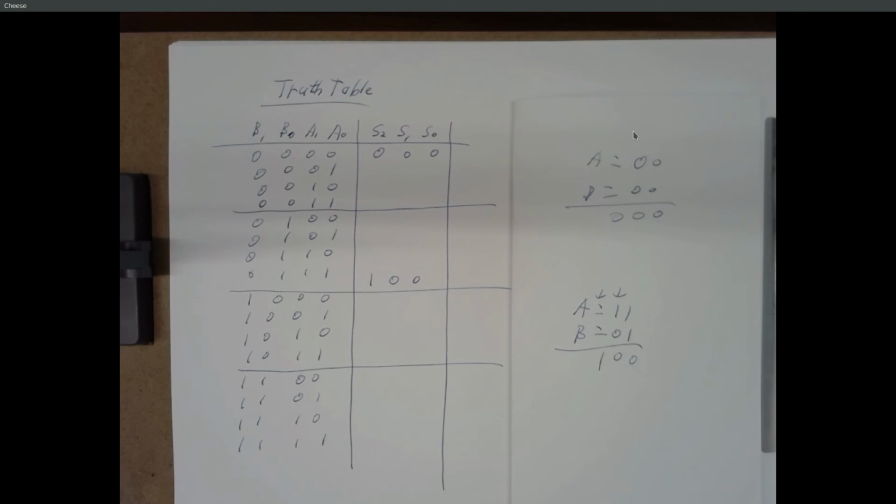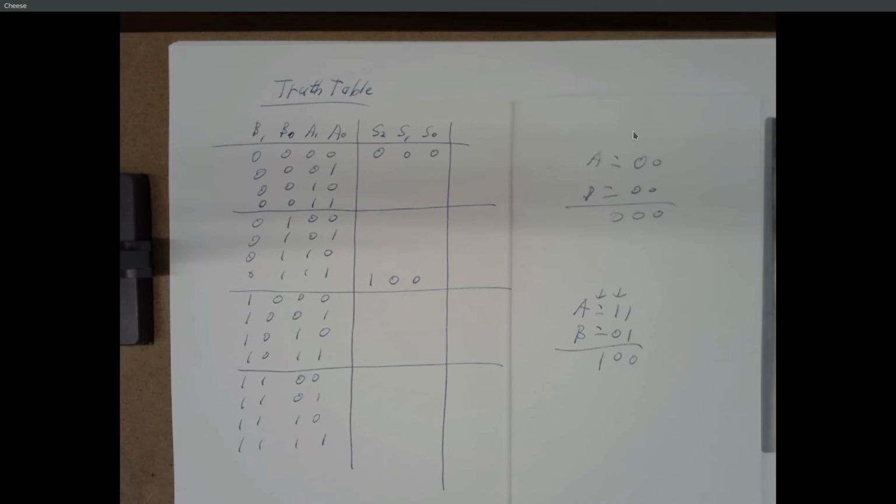So we're going to call this B1, B0. Oh, no, you're right. And so you're making B this side? 0. 0. Oh, right.